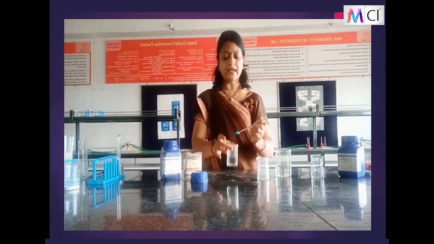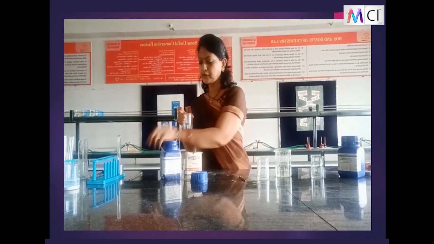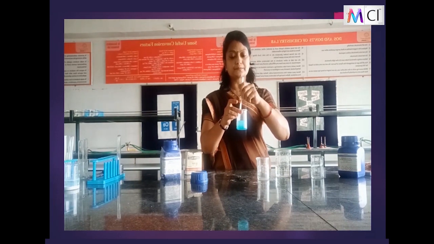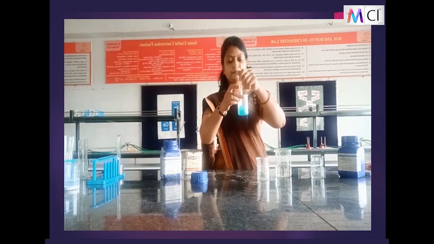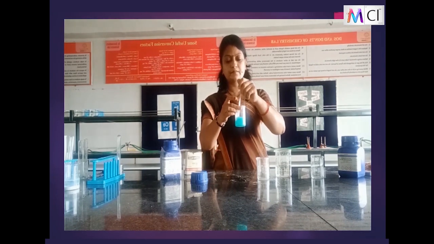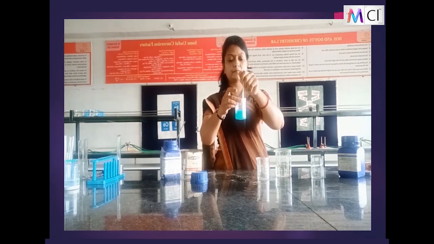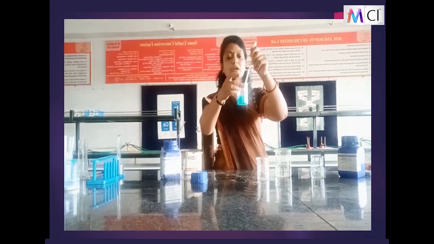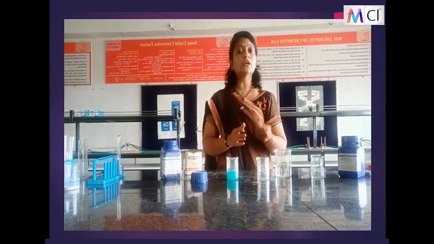So here I add the sample of copper sulfate to it, and with the help of a glass rod, I will mix the solution and completely dissolve the copper sulfate in it. You can observe that the copper sulfate has completely dissolved, giving a blue color solution.